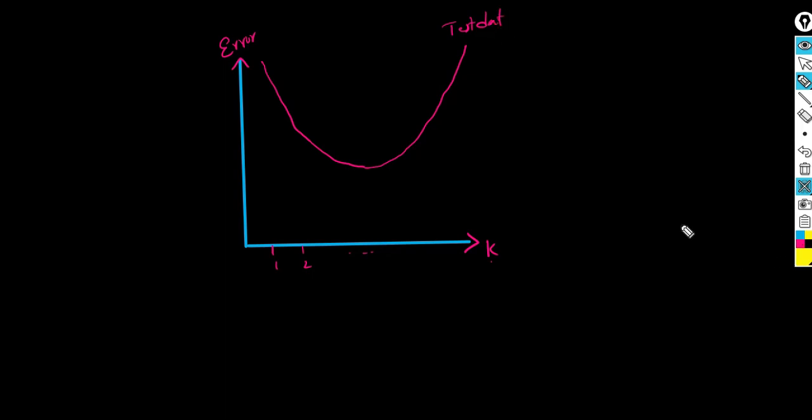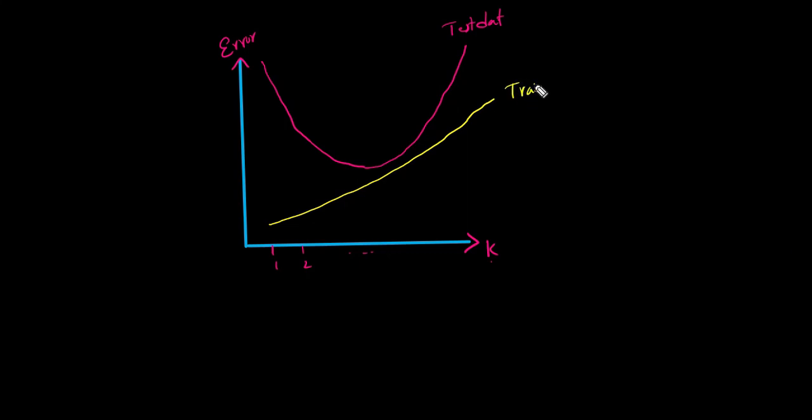Let's see how it's going to be on the train data. Generally, the error will be very low when we consider a lower value of k. As k increases, the error also increases on the train data. This is for the train data.